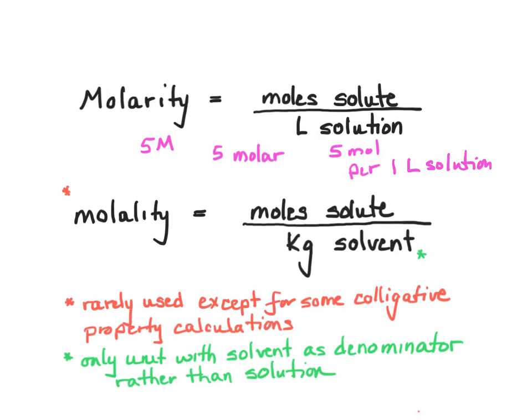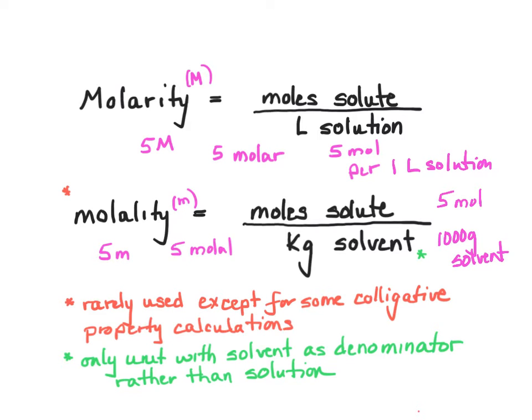Molality, okay, so molarity is a capital M here. Well, molality is a little m, and I might say that I have 5 molal. A little hard to say, but there it is. So I might have 5 moles per 1,000 grams of solvent. Okay, so it's different. It's not the solution, it's the solvent.